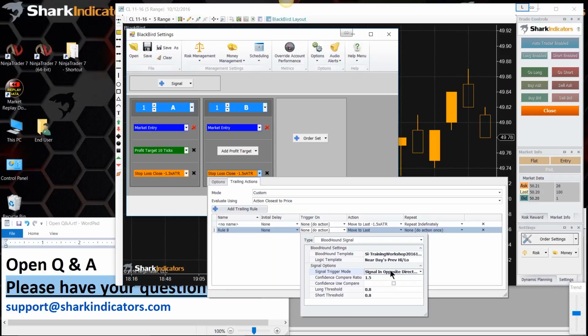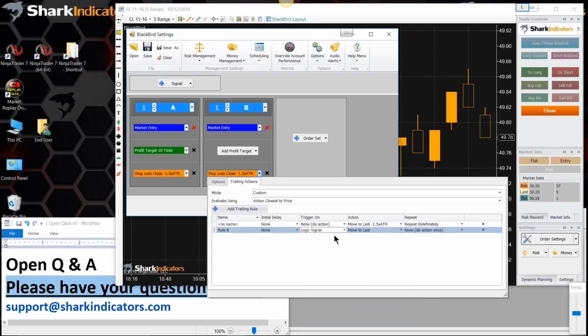So for this example, the logic template near day's previous high low: if we're in a long trade, so BlackBird is in a long position, then when this logic template gives us a short signal, that'll be the signal to exit the trade.